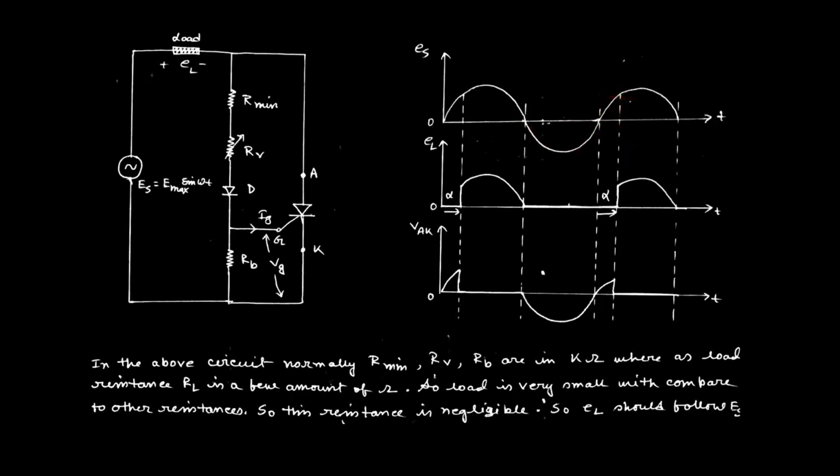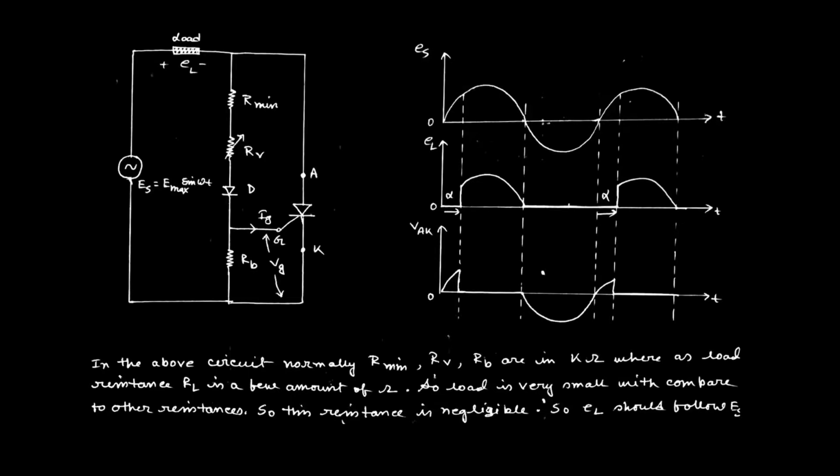That is why we can draw the same nature of the waveform across VT, the terminal voltage. That means we can conclude that when the switch is on, from alpha to 180 degrees, the voltage appears across the load. When the switch is off, from 180 degrees to 360 degrees, the voltage appears across the switch.